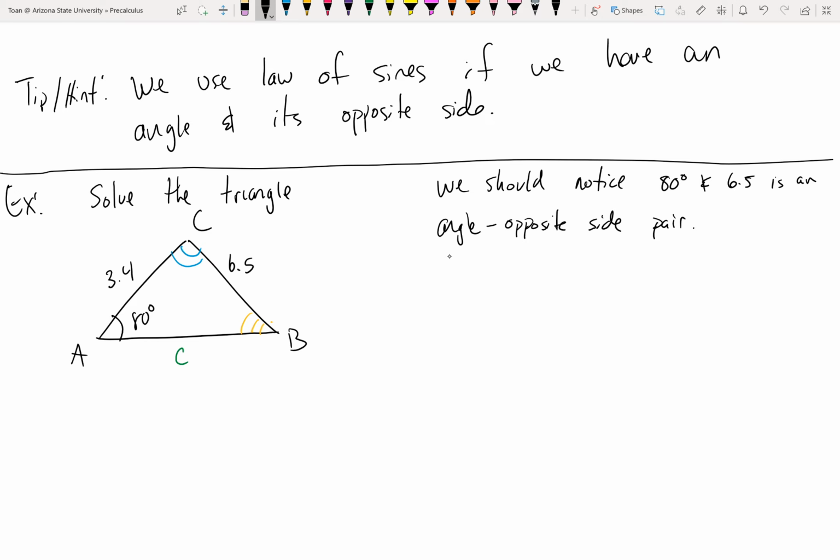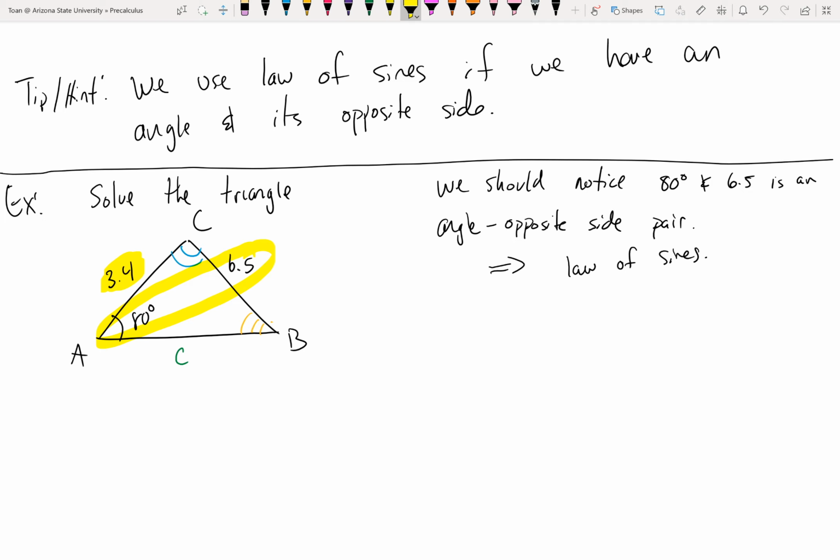So the moment you have an angle opposite side pair, that means law of sines, right? So look at the information you're given. So here's our angle opposite side pair, and the only other information I'm given is 3.4. Remember, law of sines can only be used in angle opposite side pair.